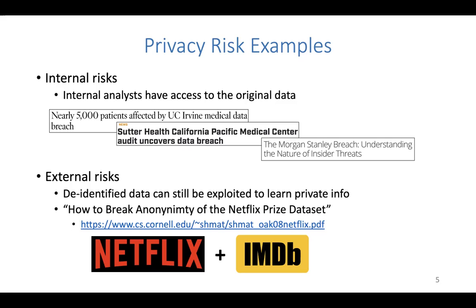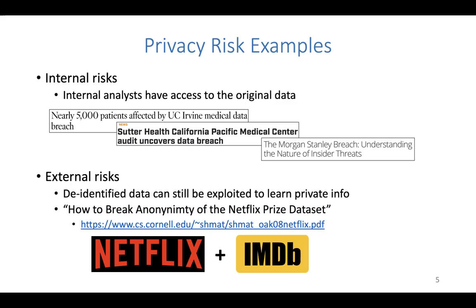It's like Watcha or Naver Movie, something like that. They used the IMDb database to link its records to the Netflix anonymized data, and were able to reconstruct very accurately who the ratings were made by, because IMDb has user account information.